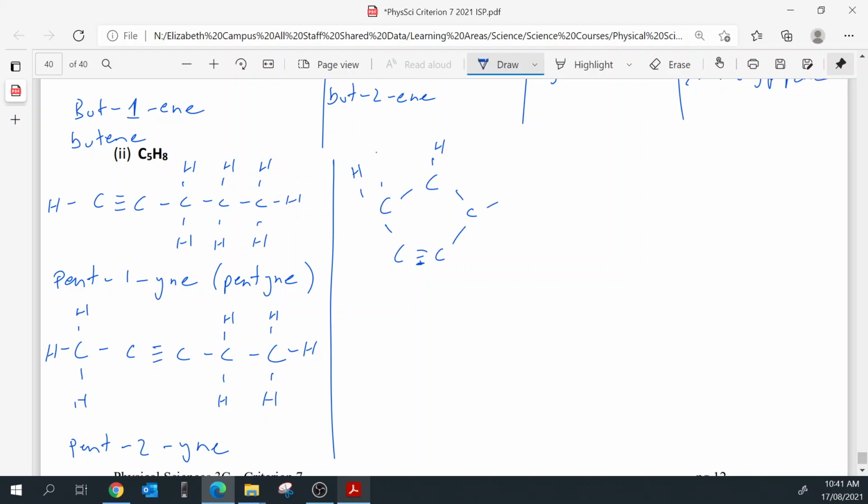Oh, we need 2 H's coming off each. 4 there. So there are 1, 2, 3, 4. Ah, that was a mistake by me. It's not pentyne. It's cyclopentene, isn't it? Let's just get rid of those ones.